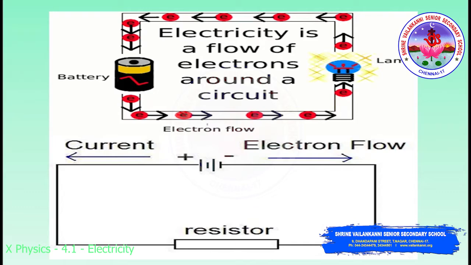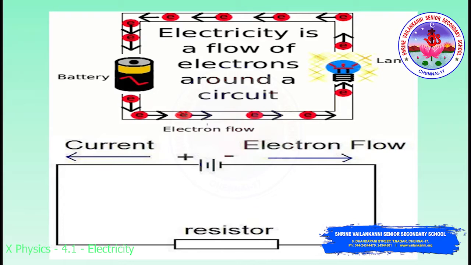Later on it was discovered that in metallic conductors, free electrons are the carriers of electricity, and hence the flow of electrons constitutes the electric current. Therefore, the direction of flow of electrons is opposite to that of the conventional current. The conventional current is the direction of flow of positive charge, that means from the positive terminal of the battery to the negative terminal of the battery.